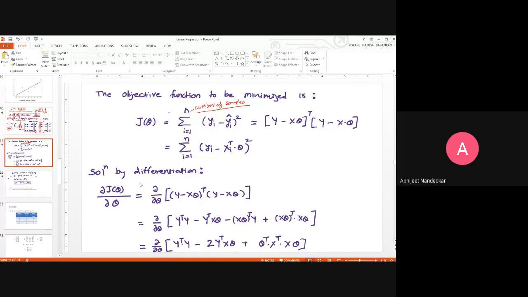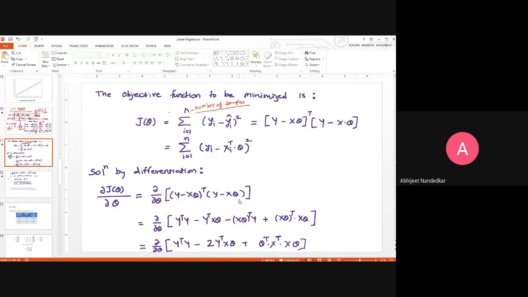So what we will do is differentiate this J theta with respect to theta and equate it to 0 so that minimization will happen. Now see this step carefully, you can even write down these steps. So differentiation of J theta with respect to theta is equal to dou by dou theta of (y minus x theta) transpose (y minus x theta).